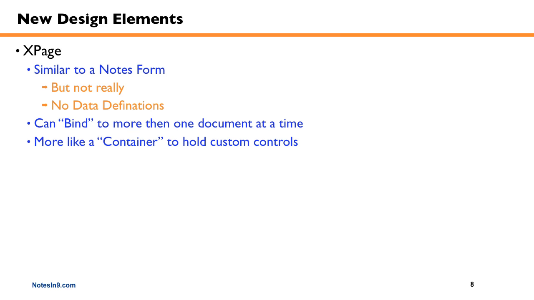And there's something else we're going to talk about a little bit: custom controls. Custom controls are similar to subforms, but the XPage eventually will be more of a container to hold custom controls. So as you advance, you're going to do less on the actual XPage and more on custom controls, and each section of your page might be a custom control.